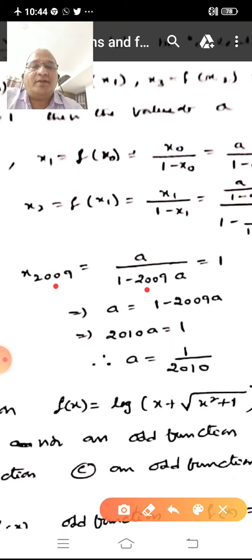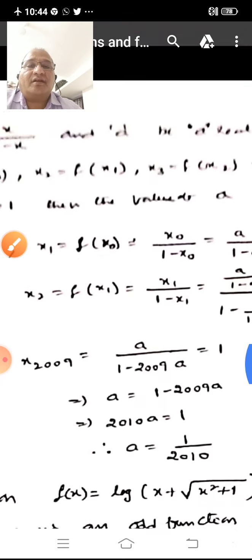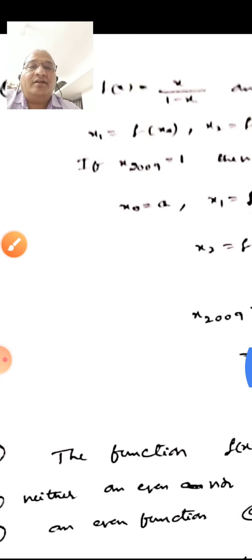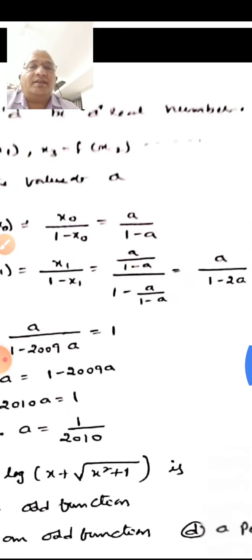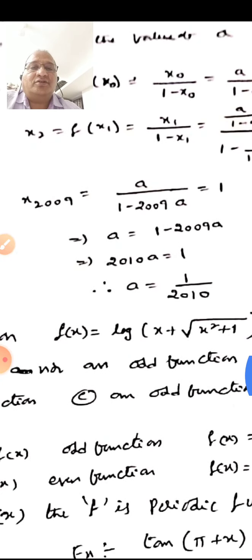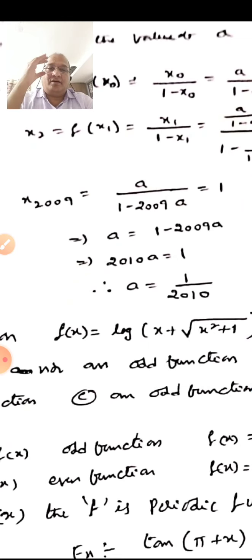Now if you cross multiply, then 2010a is equal to 1, therefore a is equal to 1 by 2010, which is the answer we have to find. So here I think I have not written the options, so you see the options in the 17th question. 2010 is the answer.